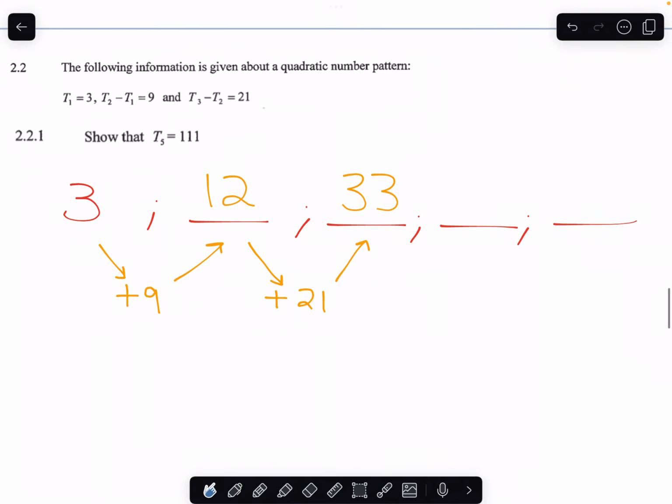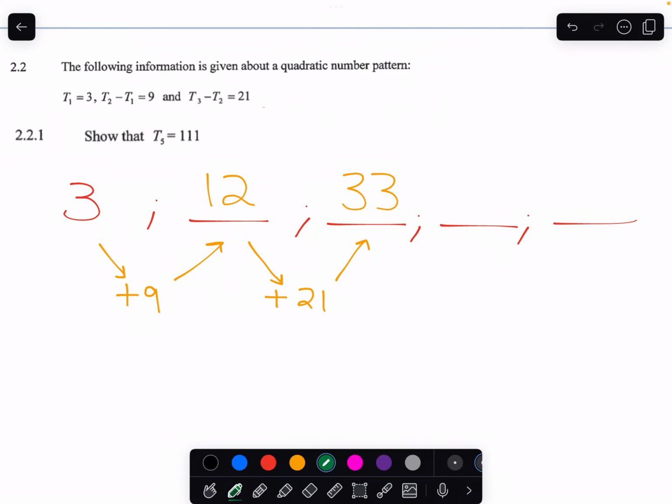Right, and we know that quadratic patterns have a constant second difference. So to go from the first difference to the next first difference, we're adding what? 12. So that is going to be the difference between all of the first differences.